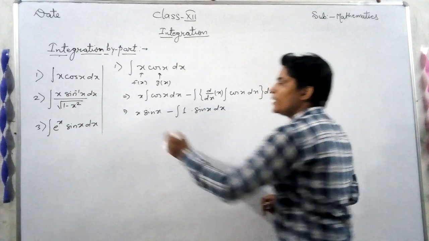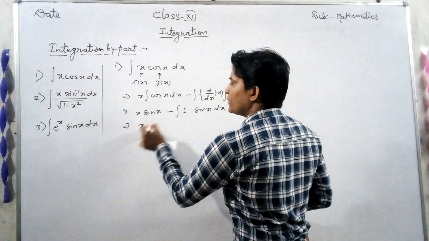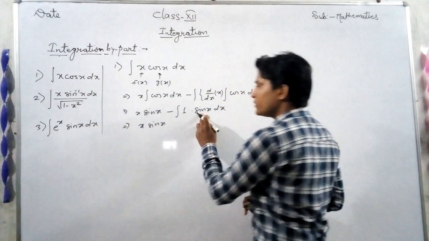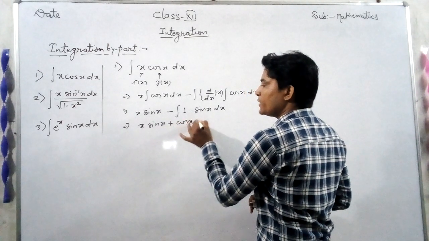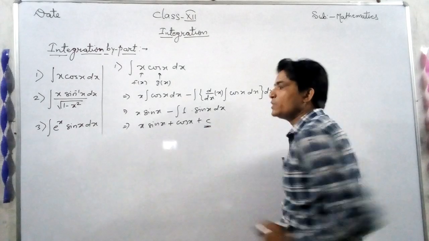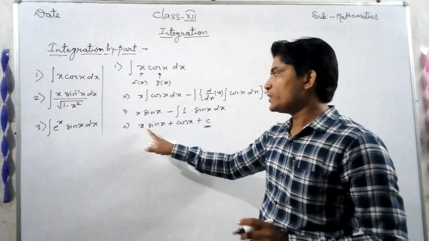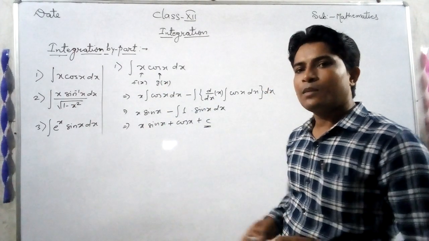So we get x sin x minus the integral of 1 times sin x. Integrating again, sin x gives minus cos x, so minus minus plus. So the answer of x cos x is x sin x plus cos x plus c.